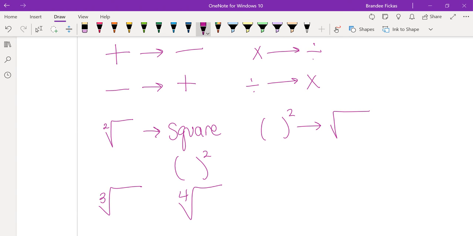There is an invisible 2 on all square roots. We just don't see it, but it is there, which is why we use an exponent of 2. So here with a cube root, you would use an exponent of 3, a 4th root, an exponent of 4, and vice versa. If you see an exponent of 4, you would use a 4th root. So they undo each other.